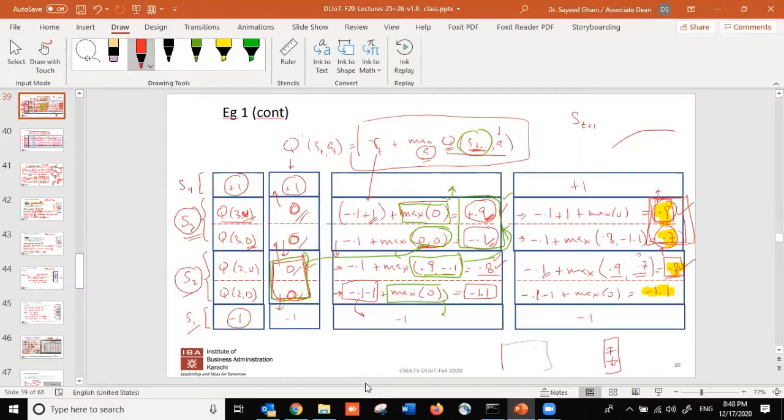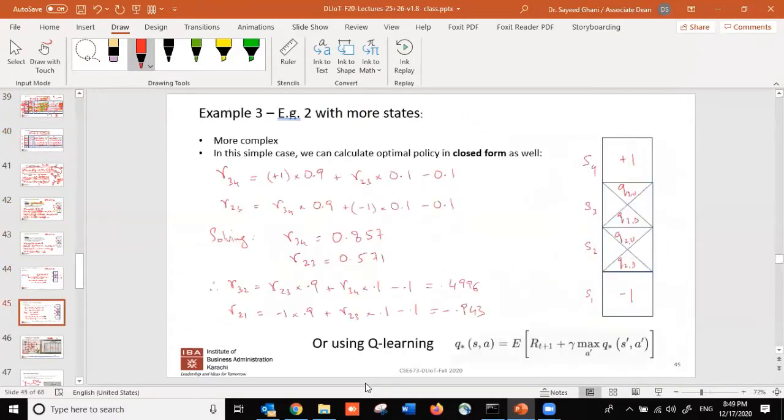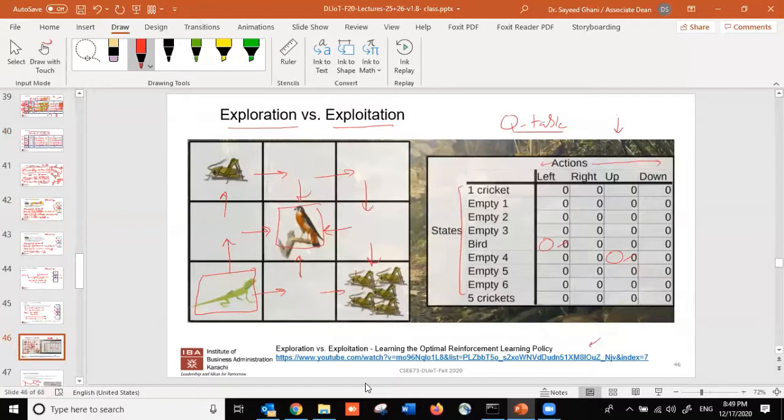So let's say you have a grid now. Let's go back to this example. And let's say you've gone in this direction initially, all right? And you find a single cricket, and that gives you, let's say, a reward of +1, okay?